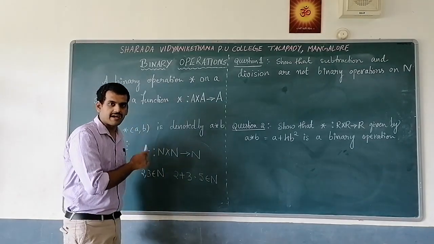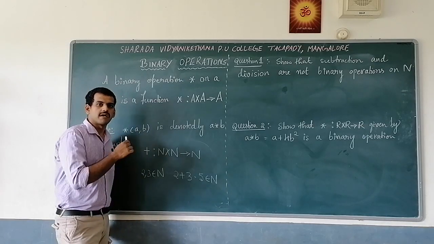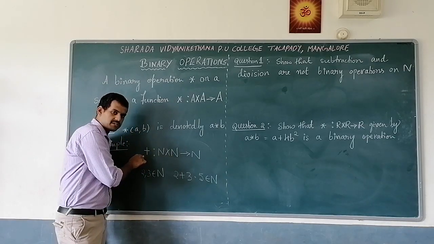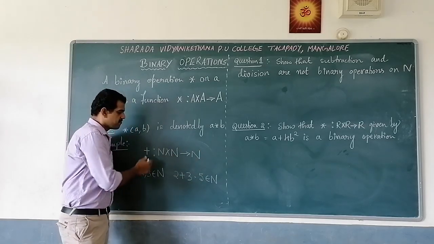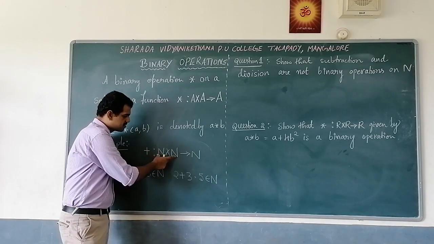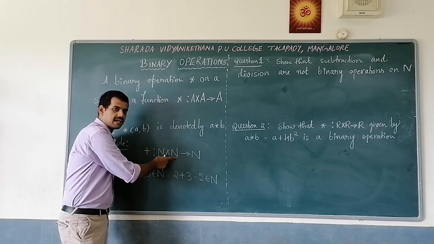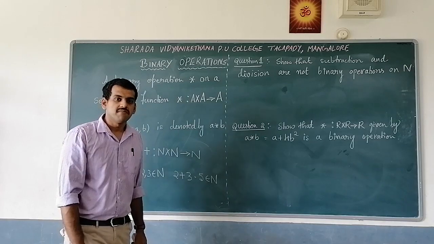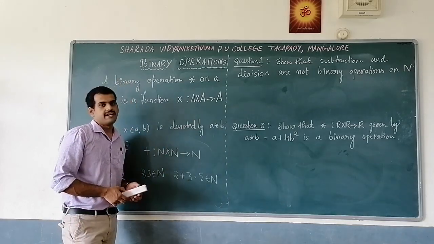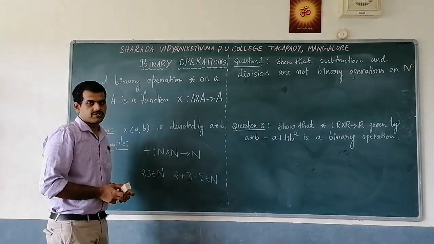So therefore we can consider addition a binary operation. Addition is an operation, and it is not only an operation but also a binary operation on the set of natural numbers. When we perform that operation on any elements of the natural number system, we again get a natural number. Therefore it is a binary operation.